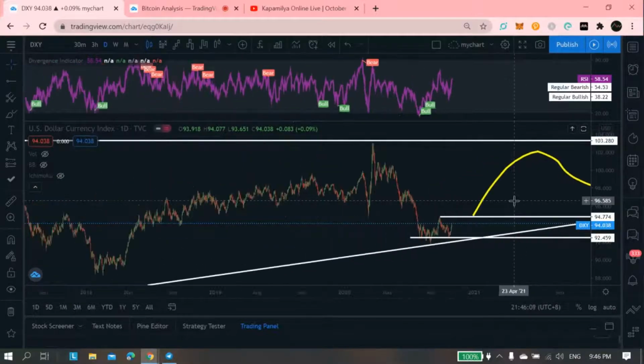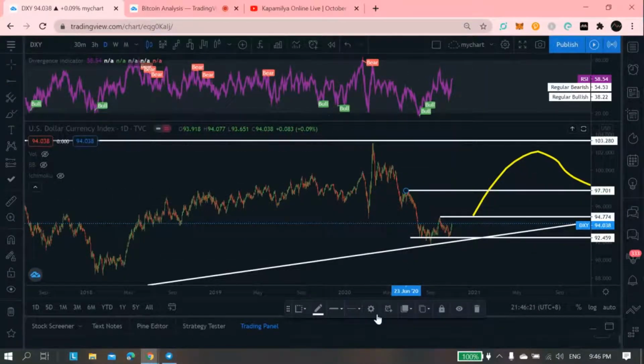But this is the dollar index, so if the economy of the US recovers, I think it is of course bound to trend higher.